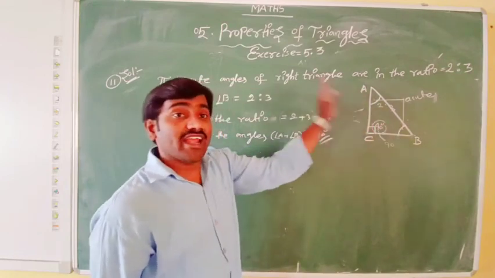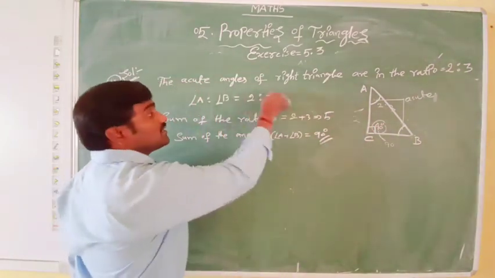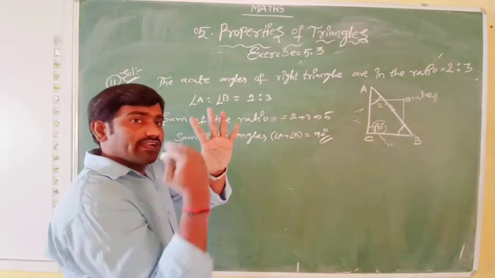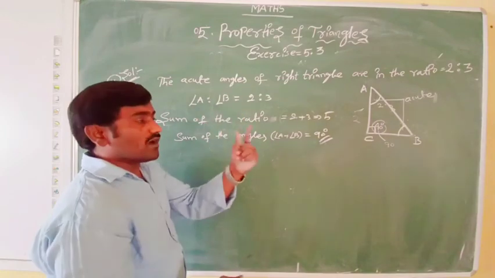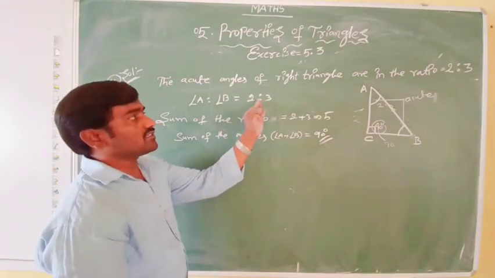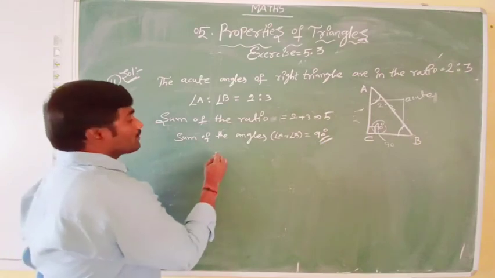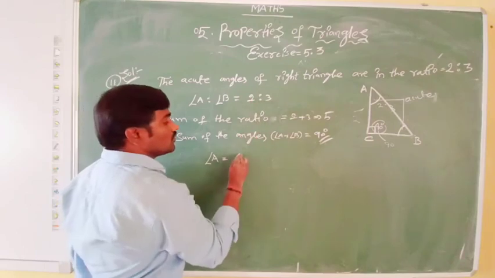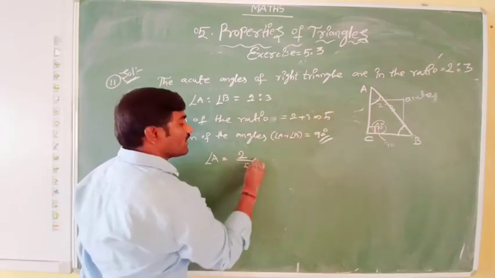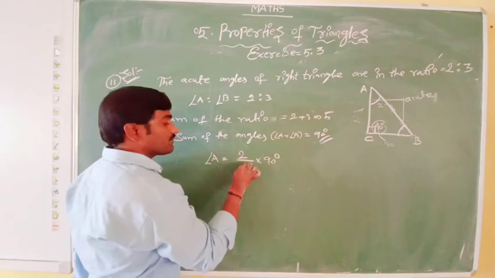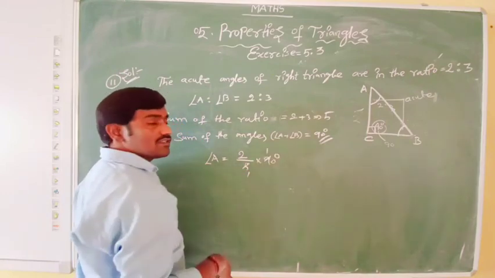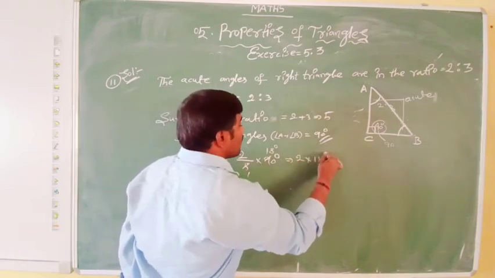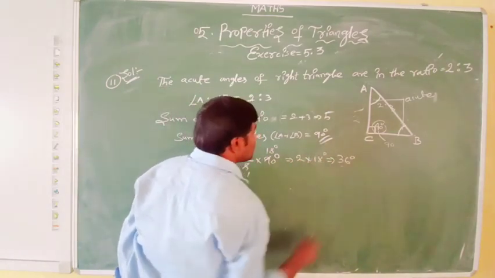But angles A and B are in the ratio 2:3. That means the sum of the ratio is 5, so 90 degrees is divided into 5 equal parts. 2 parts are given to angle A and 3 parts to angle B. So angle A equals 2 by the sum of the ratio 5, into 90 degrees. 5 ones are 5, 5 eights are 40, that equals 2 into 18 degrees, that equals 36 degrees.